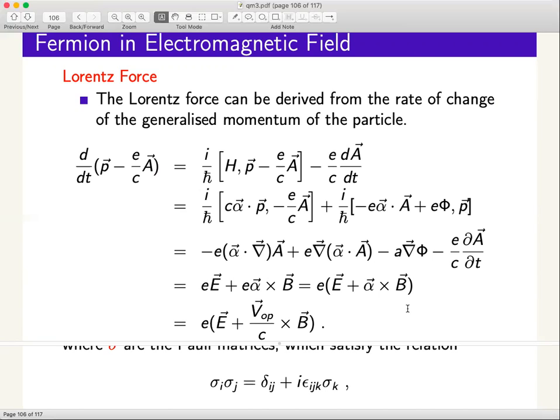Now you can check that these two terms give you the electric field, and this piece can be massaged to write down the alpha cross B term. After you write that term, you can multiply and divide by c, and c times alpha is the velocity operator.